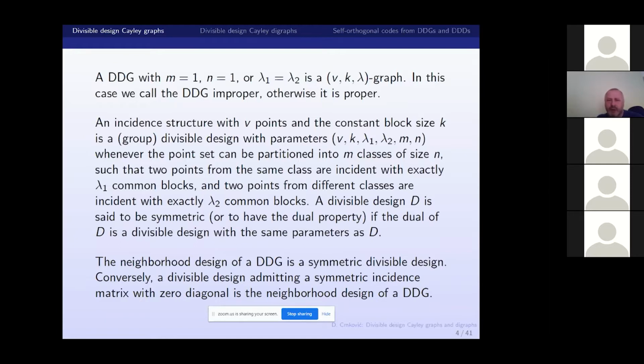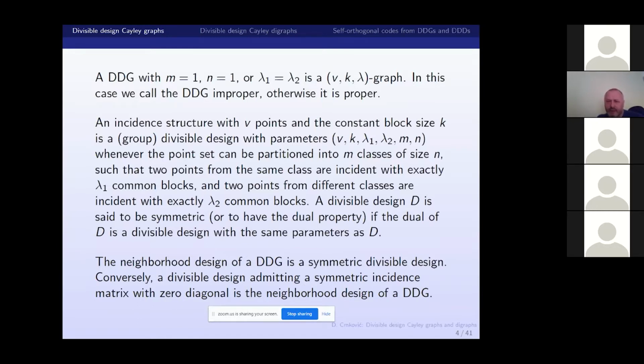An incidence structure with v points and a constant block size k is a divisible design, sometimes called a group divisible design, with parameters (v, k, lambda 1, lambda 2, m, n) if the point set can be partitioned into m classes of size n, such that two points from the same class are incident with exactly lambda 1 common blocks, and two points from different classes are incident with exactly lambda 2 common blocks.